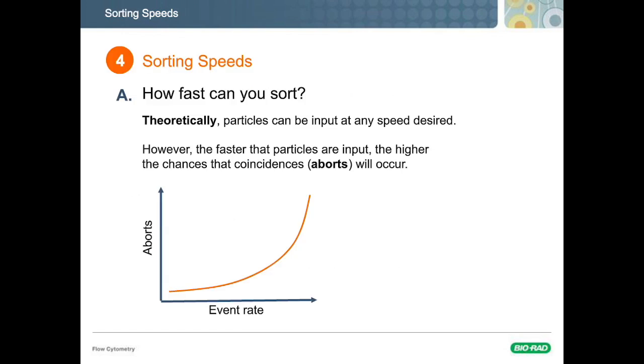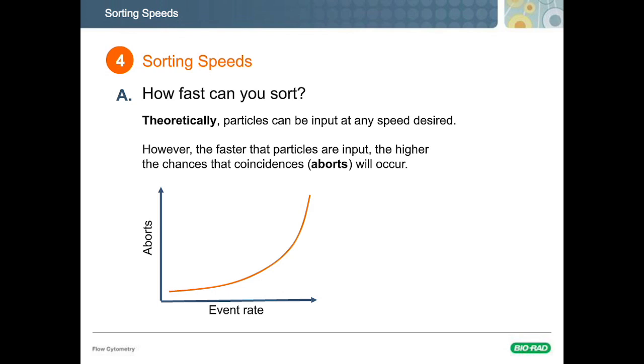A big question that comes up a lot from going through with all of this is, how fast can I sort, or how fast should I sort? And it's always a tough question to answer because it's so application dependent. The way the instrument works, with the electronics processing, all of the acquisition and sort logic and everything else can be done in about 600 nanoseconds, which is way faster than physics will allow.